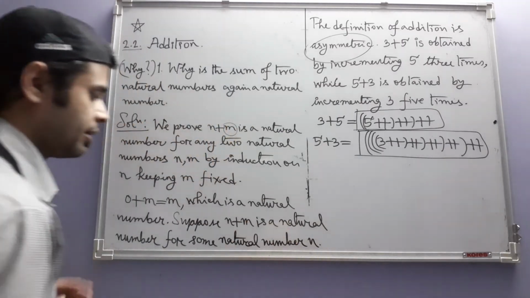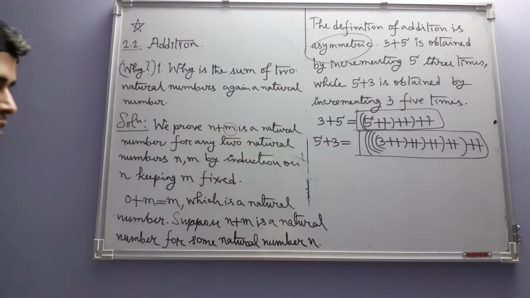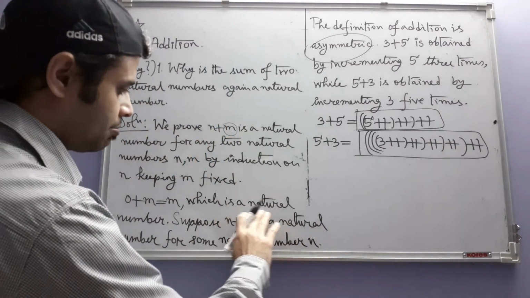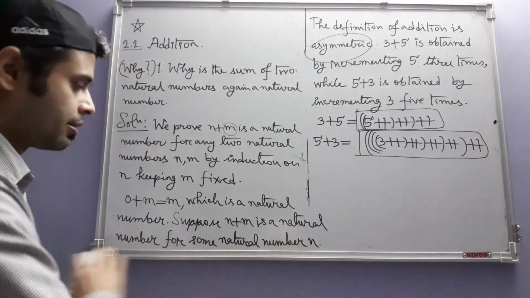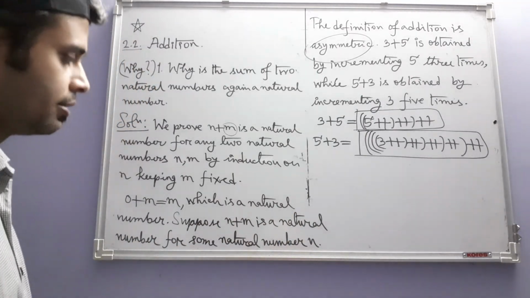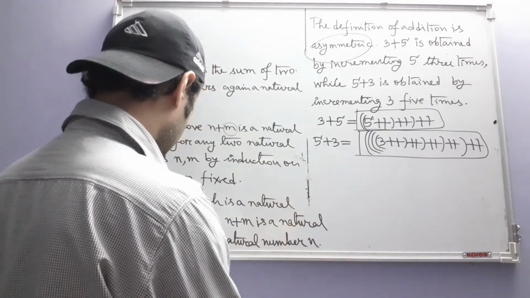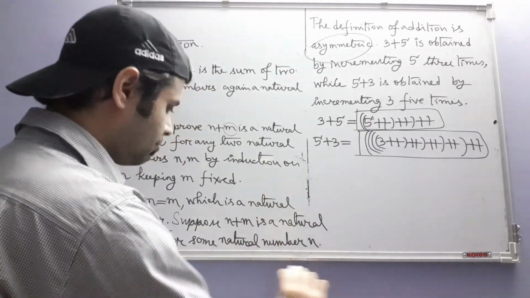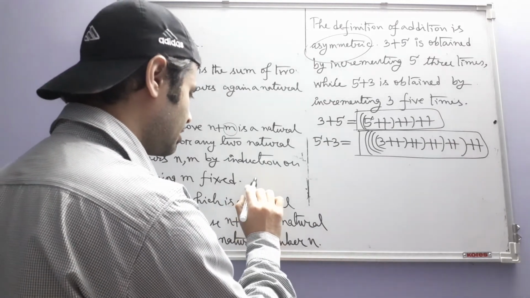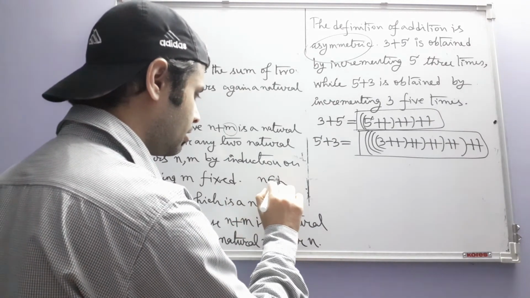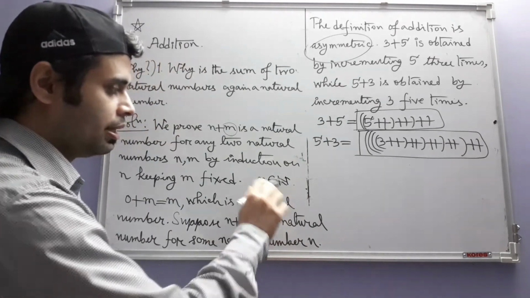You may have noticed that I am having to write natural numbers again and again. Isn't it better to write, instead of for some natural number, for some n belonging to N? You see how neat this is.